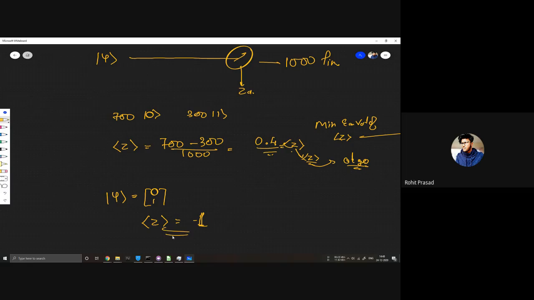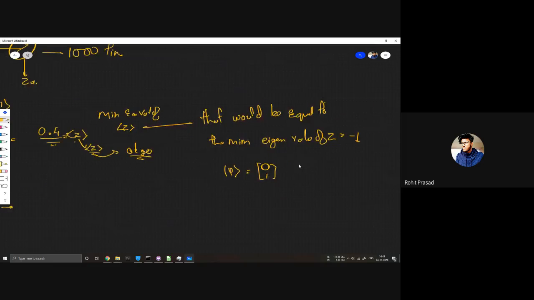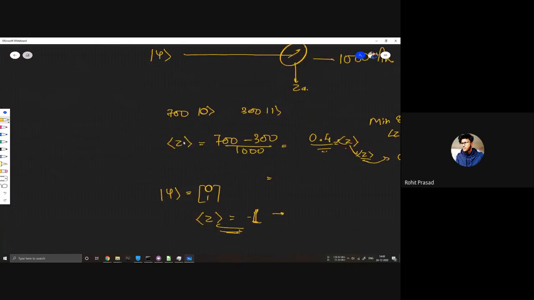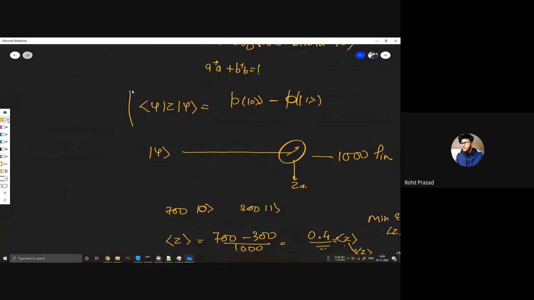This is the lowest we can get. We can't get any lower than this, so we can confidently say that this will be the least eigenvalue of the operator z with matrix 1 0 0 minus 1. So we found that the expectation of z can be written in this way.